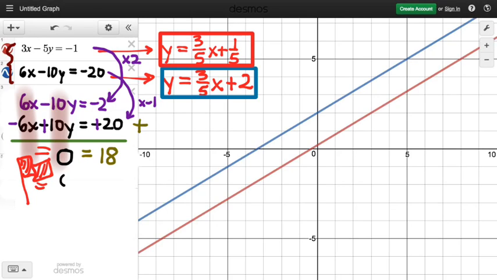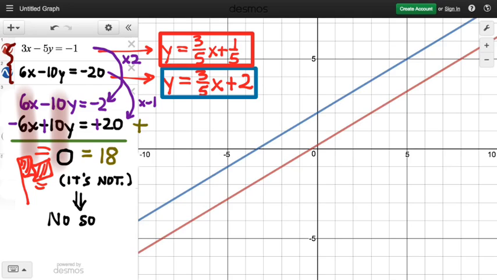Do the thing that CNN did on a presidential chyron a while back. It's not parenthetical. Right? 0 is not, in fact, equal to 18. But in order for there to be a place where these two lines intersect, 0 has to be equal to 18. But it's not. Therefore, how do we conclude?